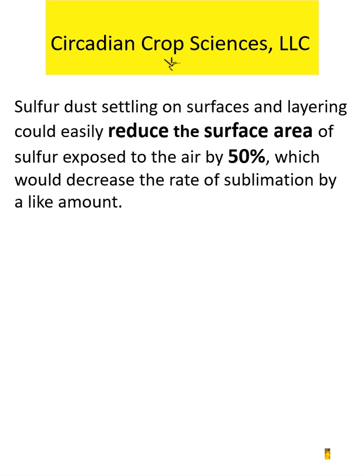Sulfur dust settling on surfaces and layering could easily reduce the surface area of sulfur exposed to the air by 50%, which would decrease the rate of sublimation by a like amount.